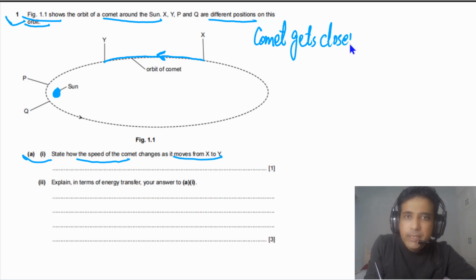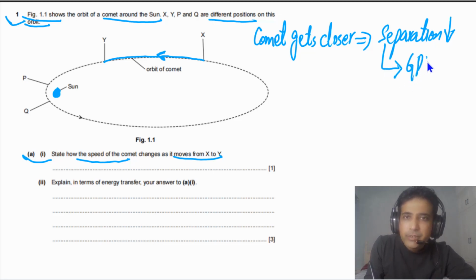So as the comet gets closer to the sun, the separation between the sun and the comet decreases. As separation decreases, it also means that the GPE of the comet decreases. And the total energy of the comet remains constant in this case because there is no friction, there is no air resistance.